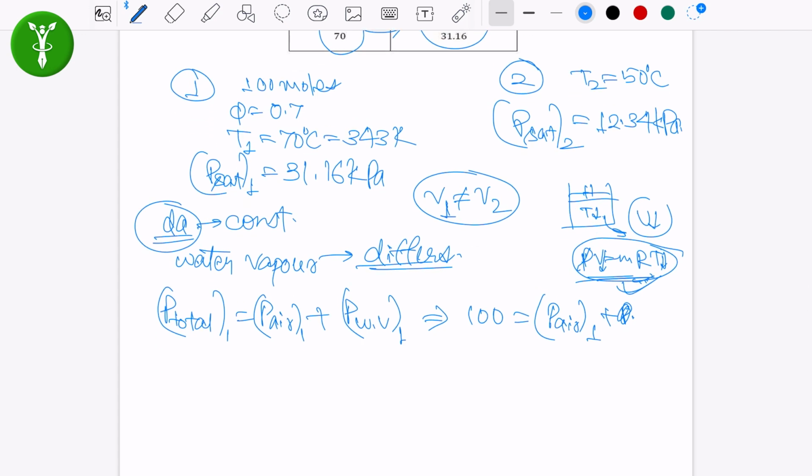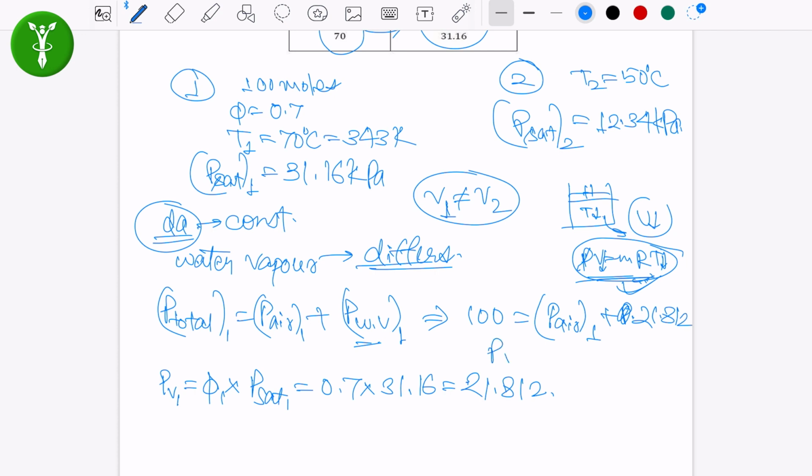We can calculate the water vapor pressure at 1 using P of V at 1 is equal to phi at 1 into P saturation at 1, right? 0.7 into P saturation, which is 31.16. It is coming out to 21.812. So the air pressure will be equal to 78.182 kilopascal.